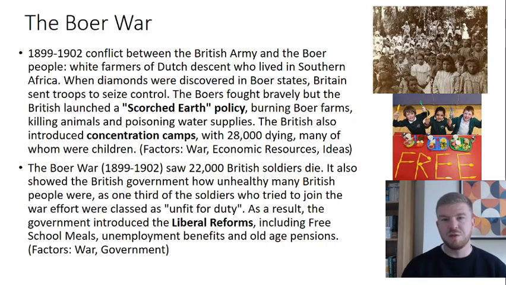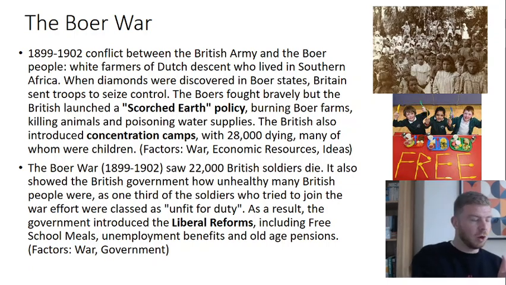This is one of our first examples of concentration camps in history. So if you are asked a significance question for the Boer War, in the short term you could talk about the impacts on the Boer people of the scorched earth policy and all of those things being destroyed, but in the long term you could talk about the creation of concentration camps, which we know would be put to devastating effect in the 1930s and 40s by Adolf Hitler and the Nazis.